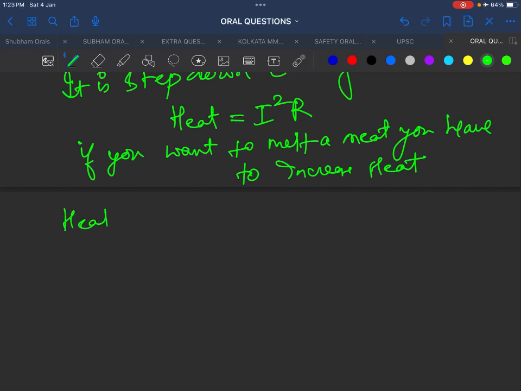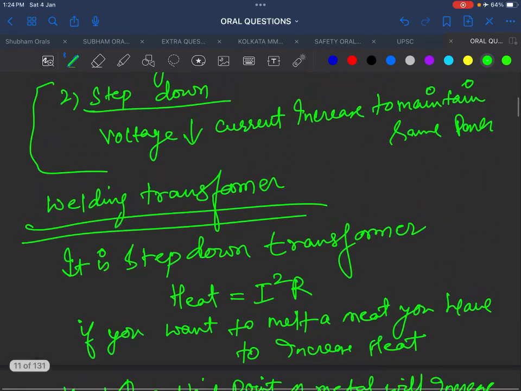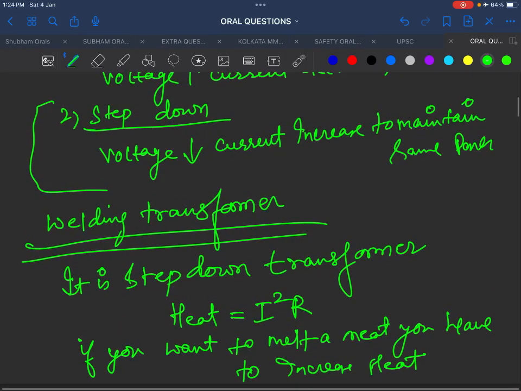As heat increases, the melting point of metal is reached. But how can you increase the heat? Heat can only increase by an increase in current. So how can you increase the current? You can increase the current with the help of a step down transformer.